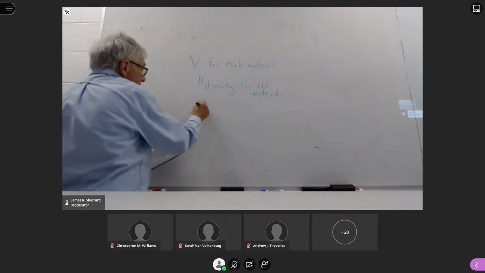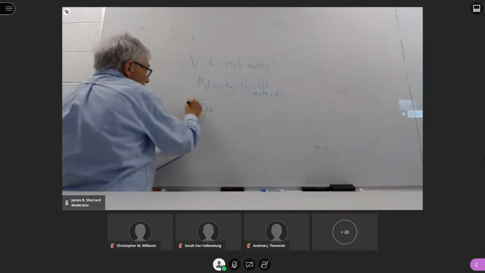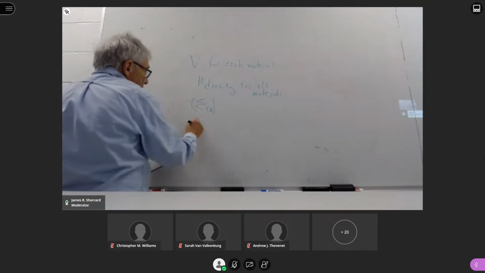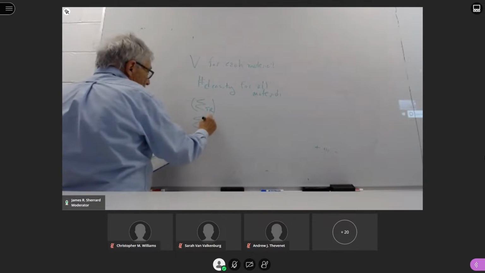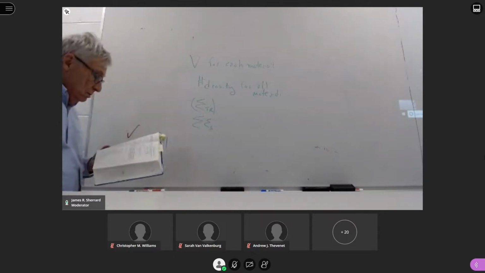We then need to calculate the macroscopic cross-section for transport. We need to calculate the macroscopic cross-section for absorption.